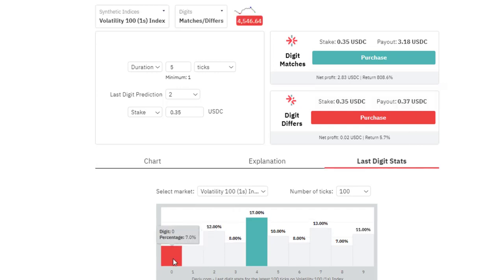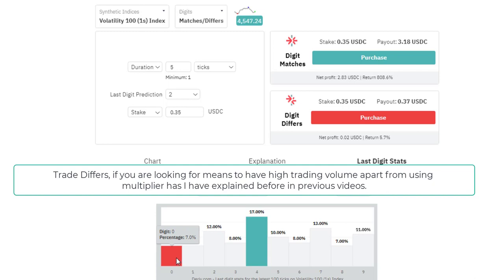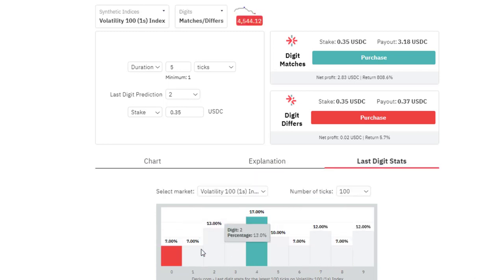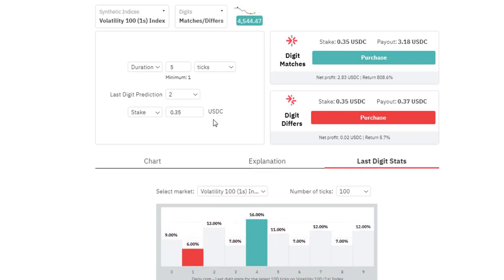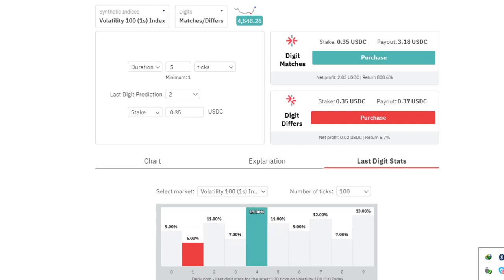Select the digit with the red color here. Just select one with the red color, or don't select the one with the green, and then trade. You can trade as many times as you want. So that is about that.